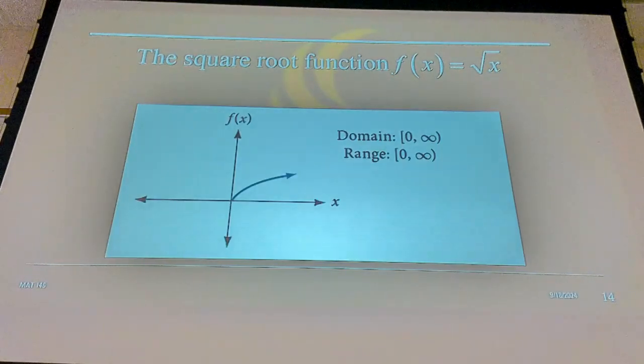The difference between non-negative and positive: non-negative includes 0, because 0 is neither positive nor negative. Yet, oddly enough, 0 is even.